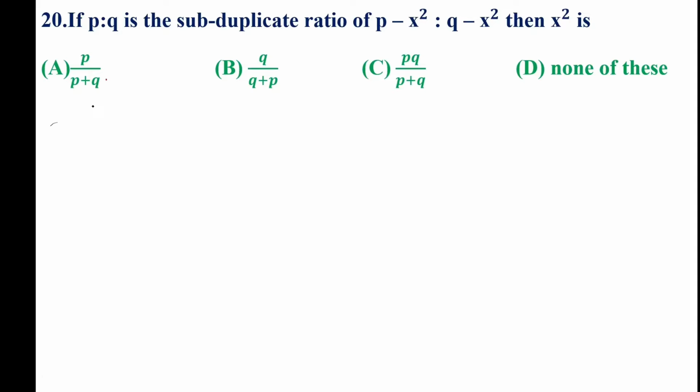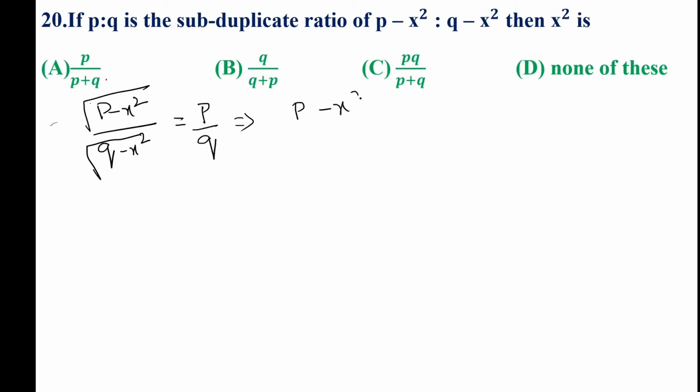If P by Q is the subduplicate ratio of (P minus x square) by (Q minus x square), then for this, the subduplicate ratio is equal to P by Q, they have given. Then find x square.